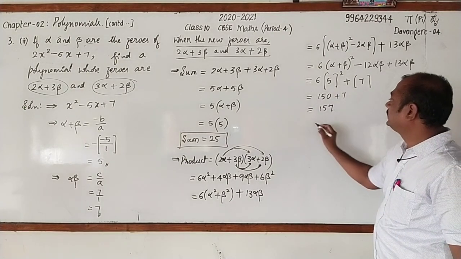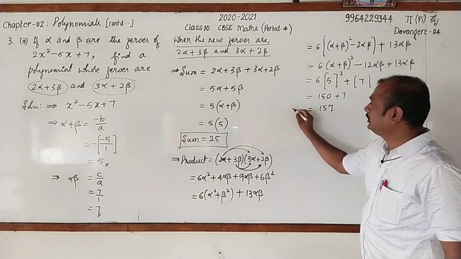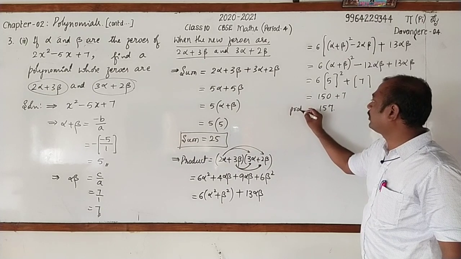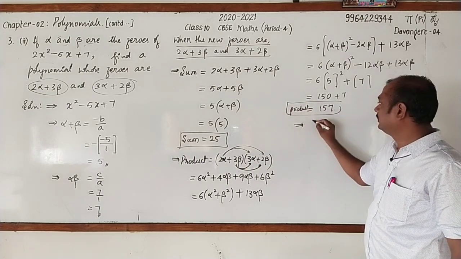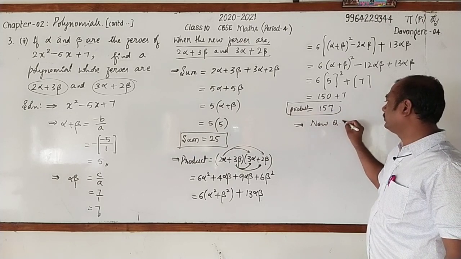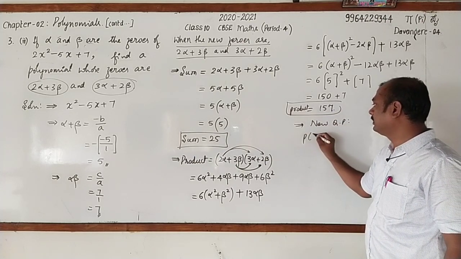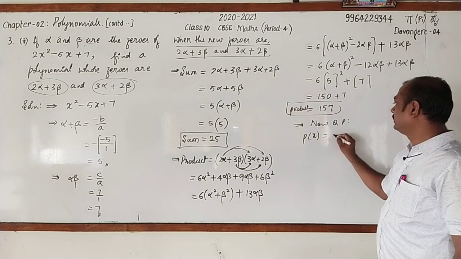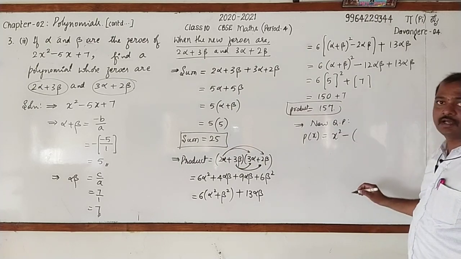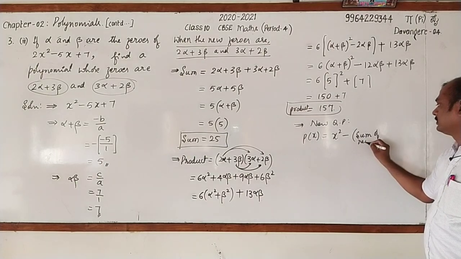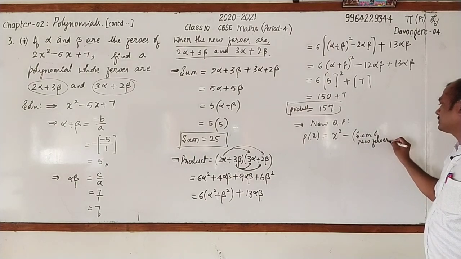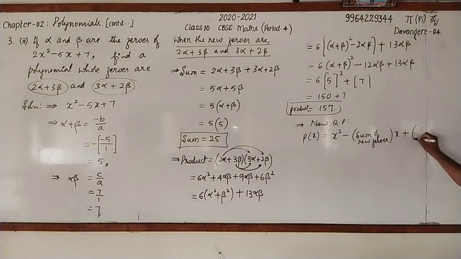Next, we got the new sum and new product. You can go for writing the new quadratic polynomial. What is that new quadratic polynomial? P of x is equal to x square minus sum of new zeros into x plus product of new zeros.